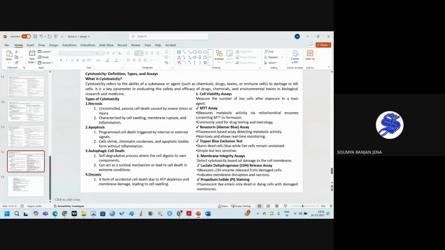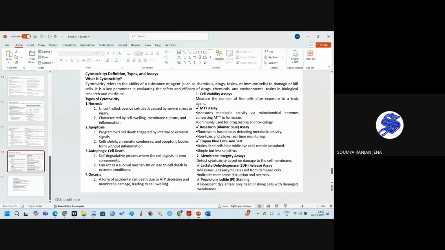Or you can use the lactate dehydrogenase assay. This LDH enzyme is released only from damaged cells, indicating membrane disruption or necrotic-like cell death. You can use this assay or PI staining. This is propidium iodide staining.